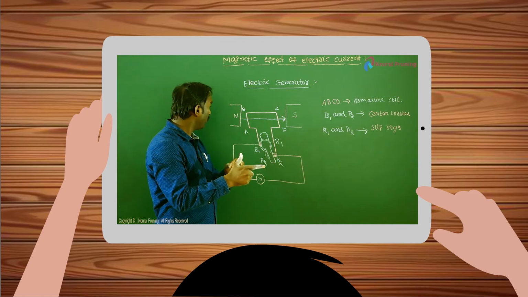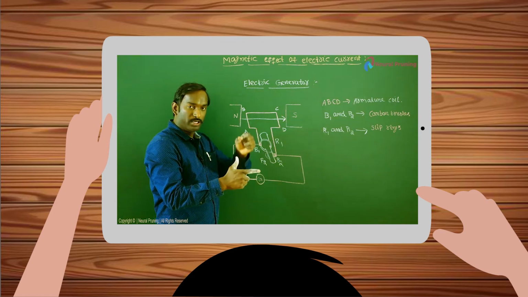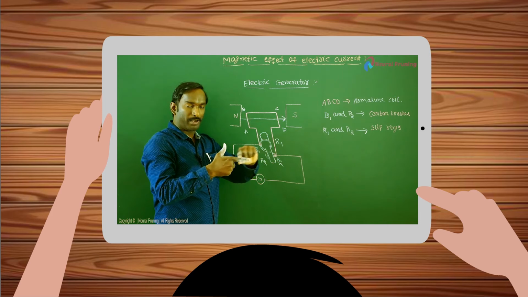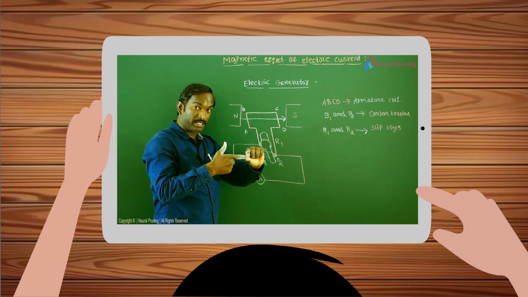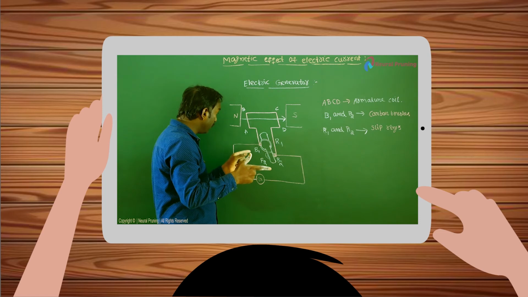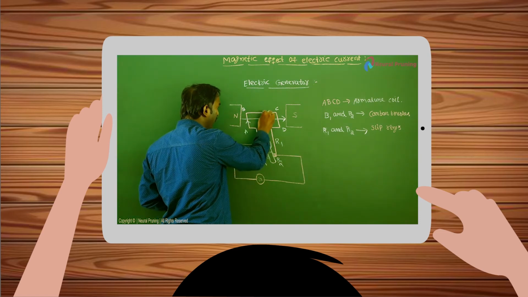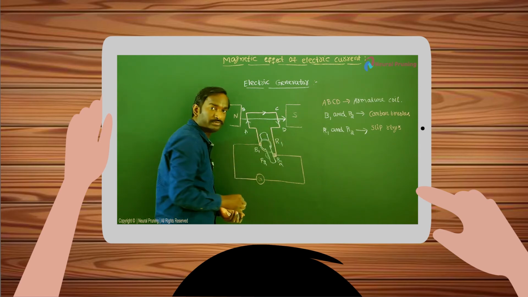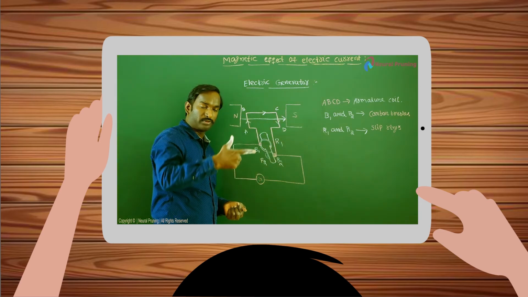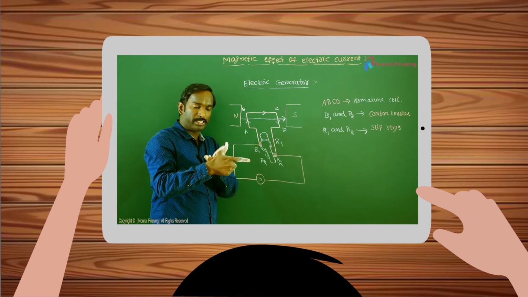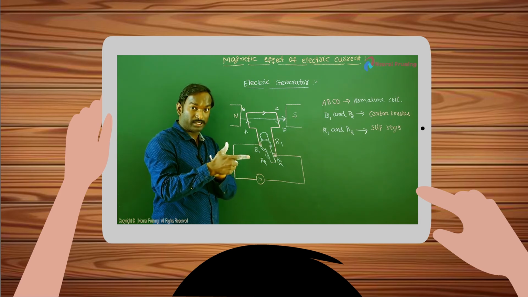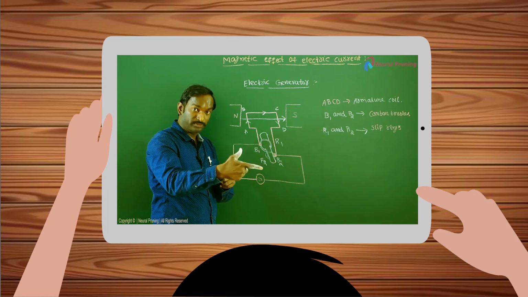See, the force on arm AB is upwards, and the direction of the magnetic field is towards the right side, and then the current flows through this arm AB like this. The direction of force acting on a current carrying conductor is given by the thumb. See, this is the direction of force, the direction of motion of the conductor.